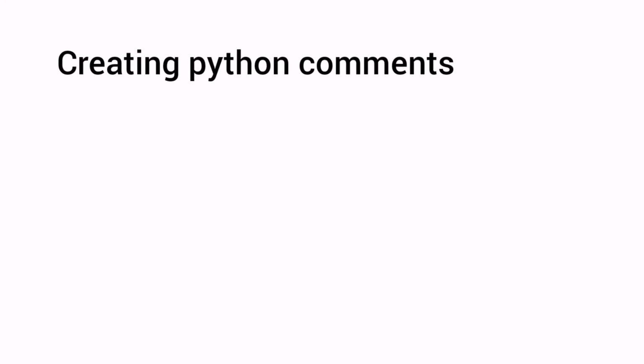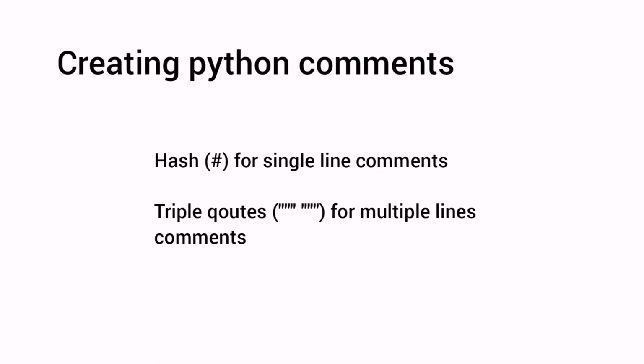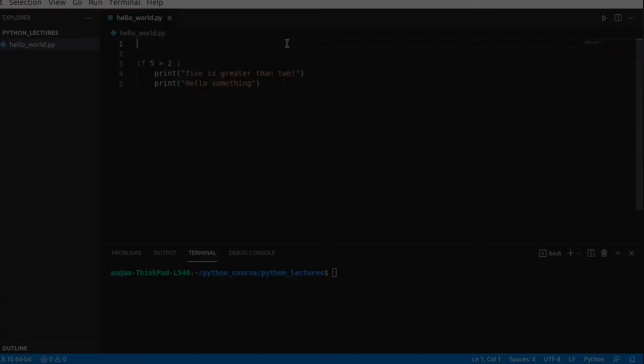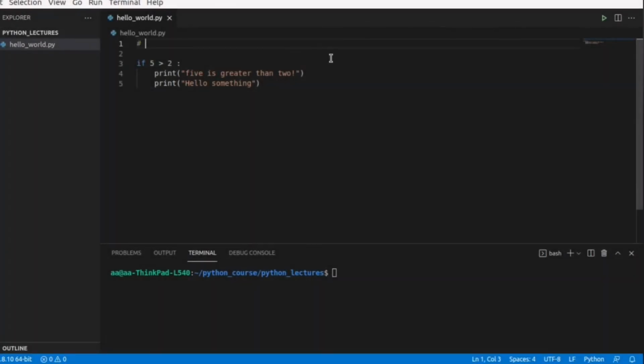In Python, we start a comment by writing a hash sign. So let's go inside our IDE and see how. As I told you, we use the hash sign before writing a comment and commenting this line.